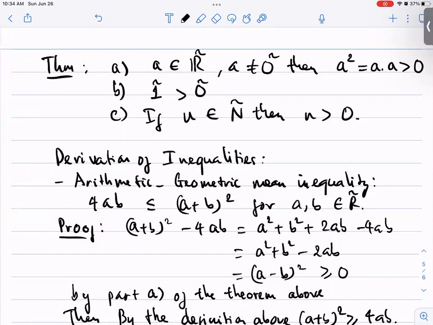In other words, it is a positive number. Also, 1 is greater than 0. And more generally, for any integer n, n is greater than 0.